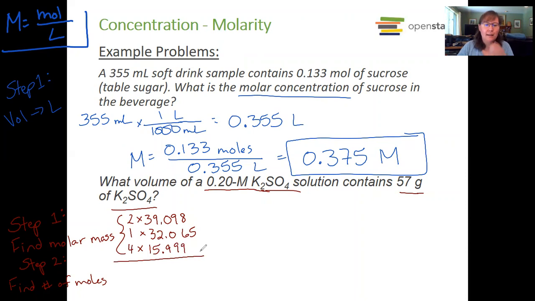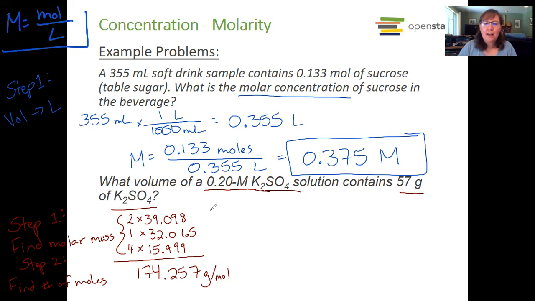And so all of these added together is equal to 174.257. And that's grams per mole. And that was our step one.